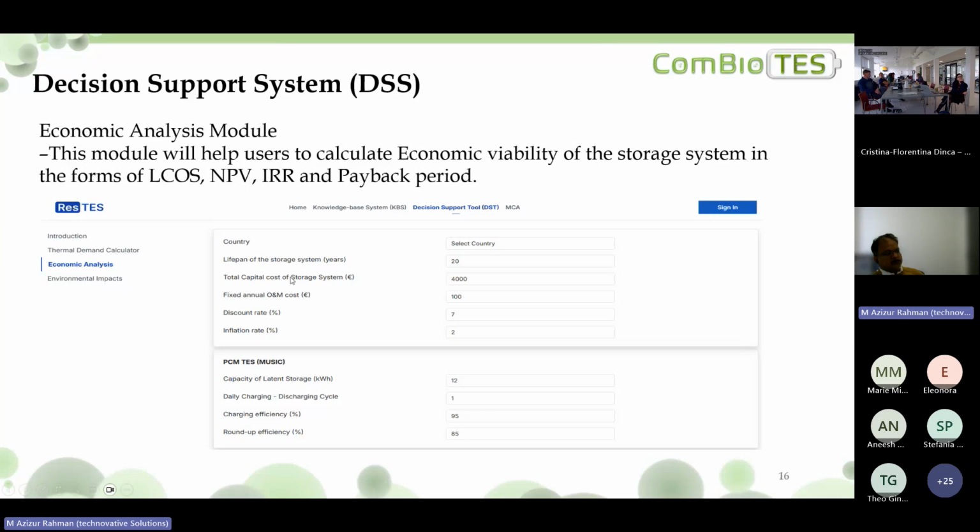Even if someone wants to design a new one with a new capacity or something else, they can change the input parameters and calculate the results for their own TES prototypes, varying storage capacity or charging cycles, and so on. So this is a kind of generalized tool so that one can change the different parameters and run the system.